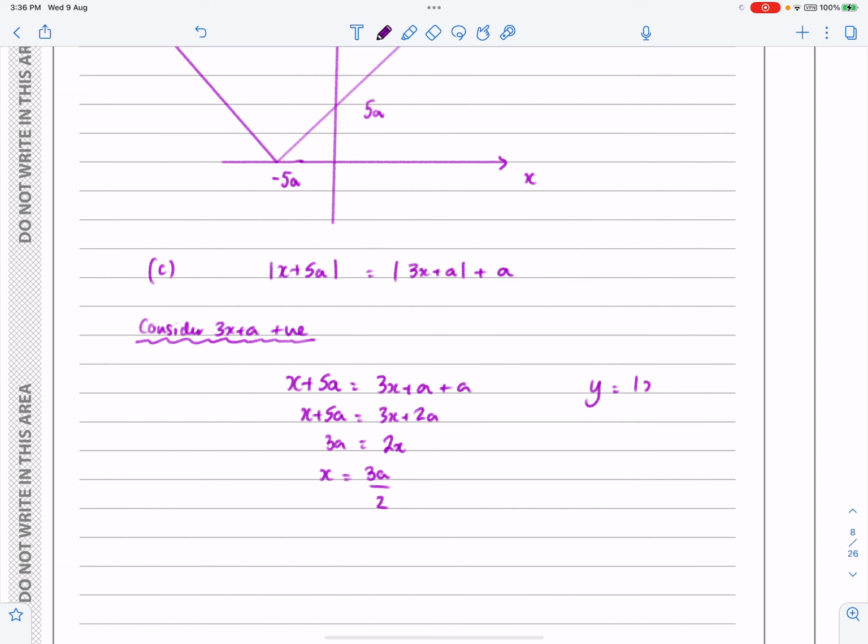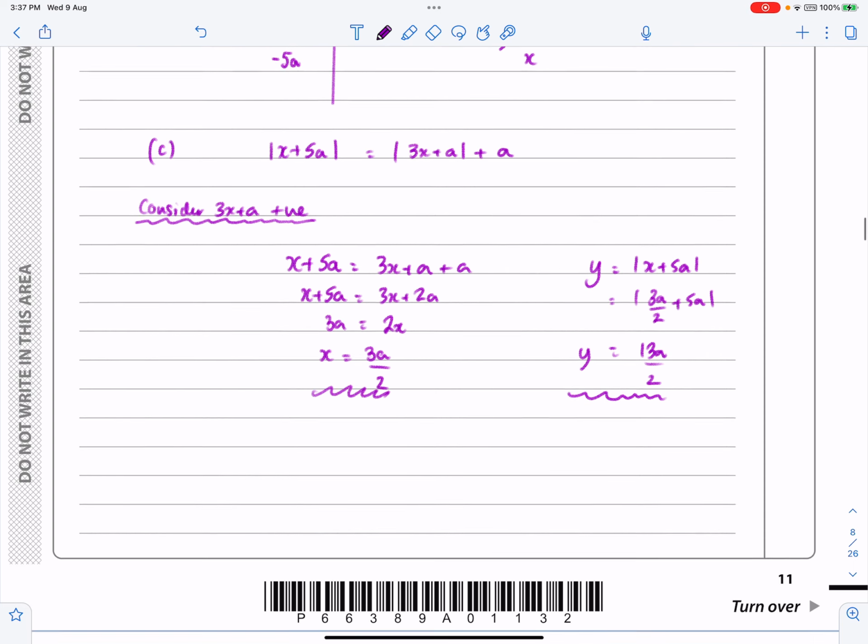So y is going to be modulus of 3a over 2 plus 5a, which just works out to be 13a over 2. Okay, so that's one of my answers. X equals 3a over 2. Got the handwriting sorted out on that. Y equals 13a over 2.